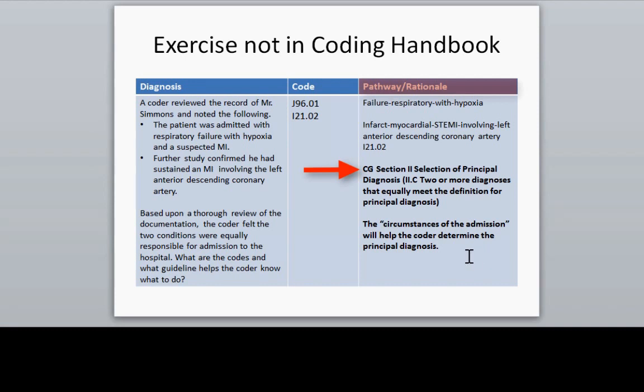And what the guideline tells us is the circumstances of the admission will help the coder determine the principal. If she finds that they're equally responsible, it would not be incorrect for her to choose either one of these codes as a principal. But I would want to be very clear that you've thoroughly reviewed the chart and you can say with conviction that either one could be equally possible as the principal diagnosis.